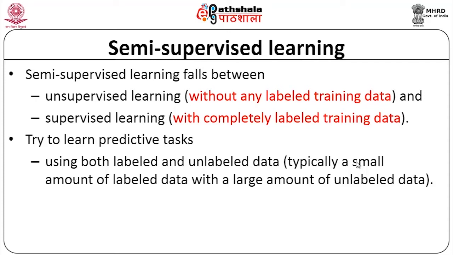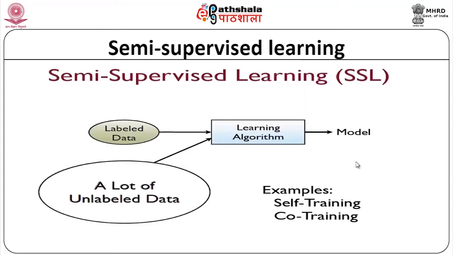In that way, predictive tasks will be better. That is called semi-supervised learning. So, if you take labeled data and a lot of unlabeled data and you apply an algorithm to learn a model, then you call that semi-supervised learning or SSL. Examples of semi-supervised learning are self-training and co-training.